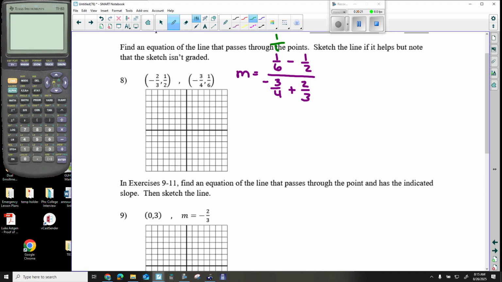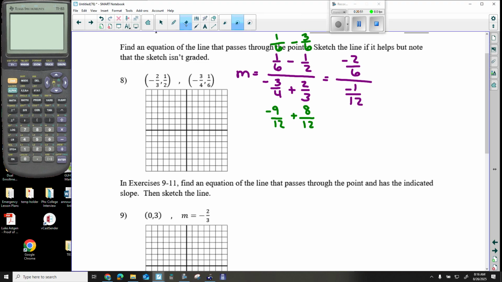So this is still 1/6, and this is 3/6. So this top is going to be -2/6 or -1/3. This bottom is going to be 12ths. So this is going to be -9, and this is going to be 8. So this is -1/12.